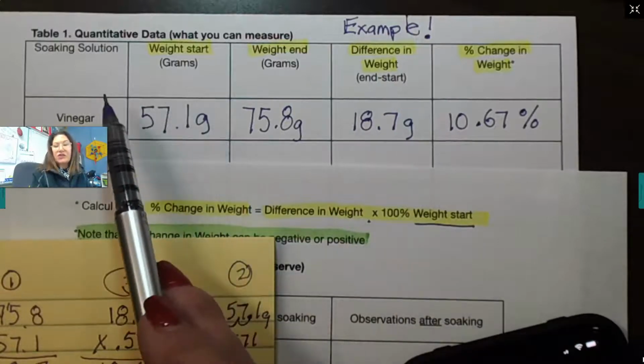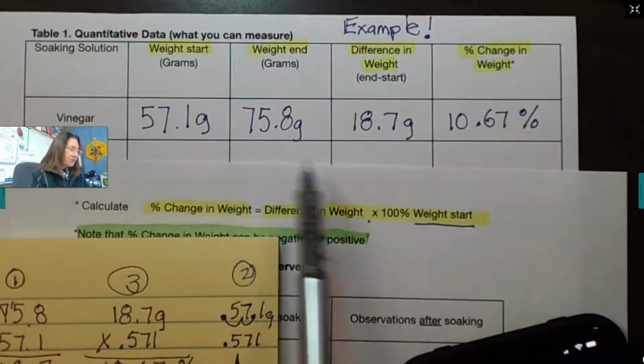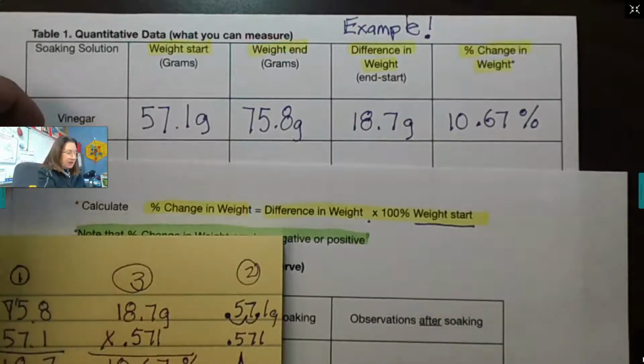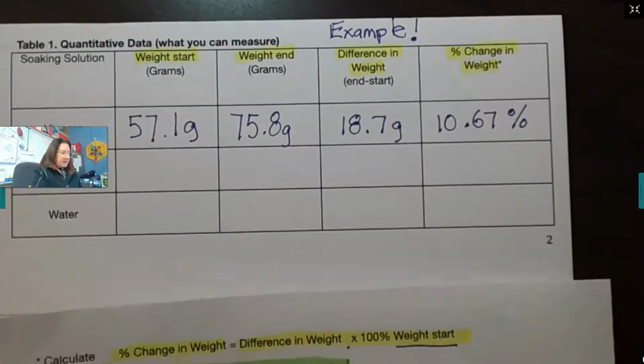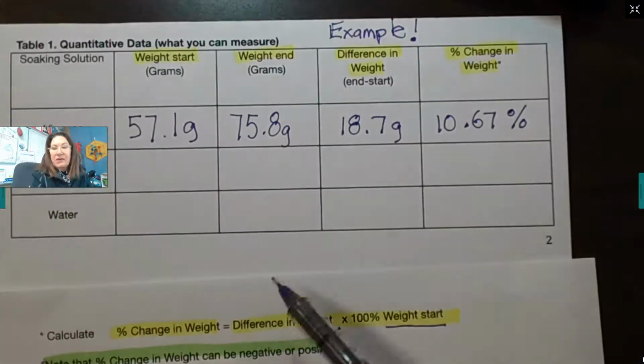So we had to change this to a percent, 100%. So we simply moved the decimal over 2 points. Okay, so now we have the percent change in weight.